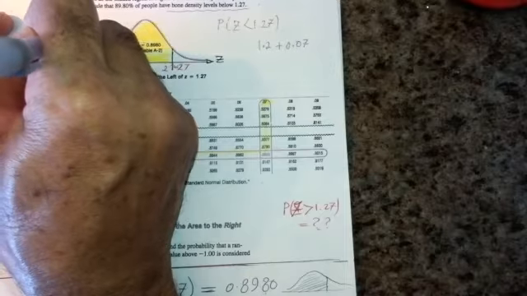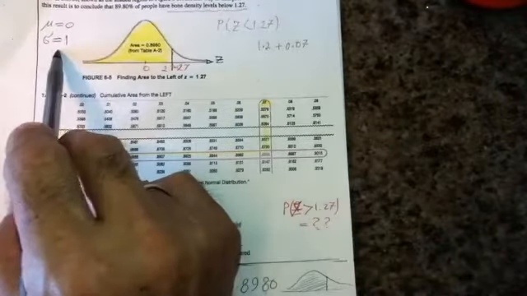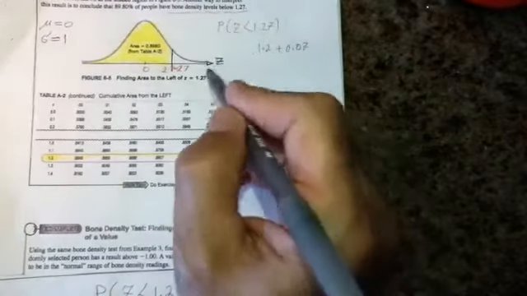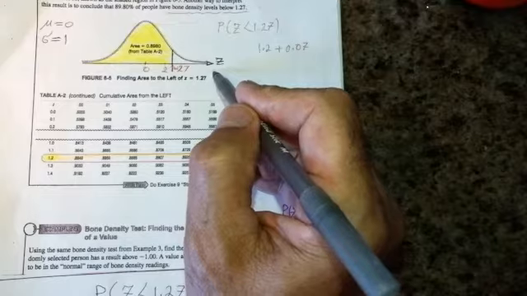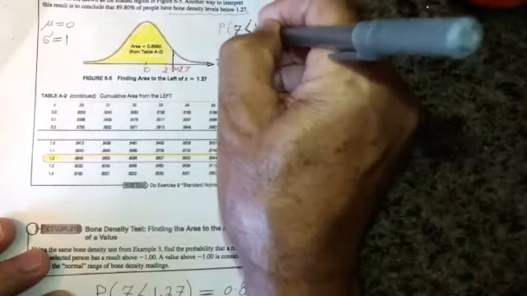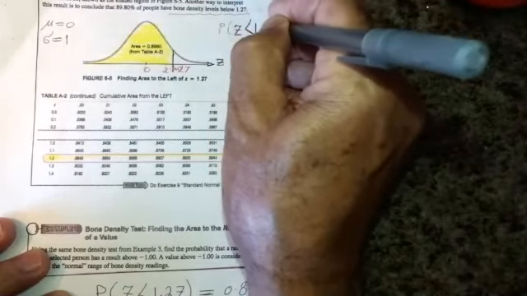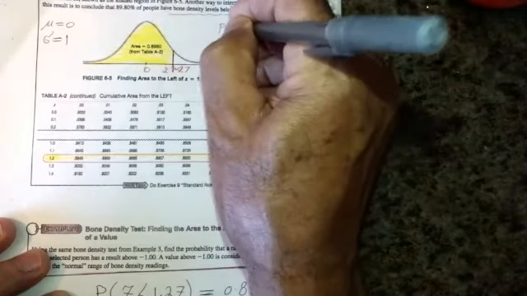There's a special case that standard deviation is 1 and its mean is 0. In that case, this standard curve, the horizontal axis, we are using letter Z. Now, question is this. Find probability of Z less than 1.27.